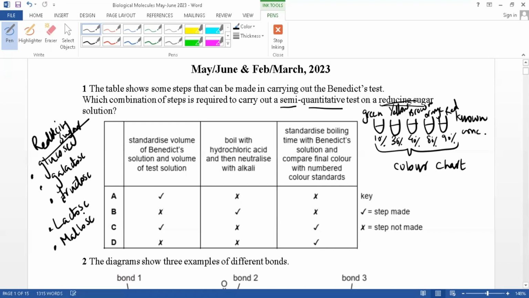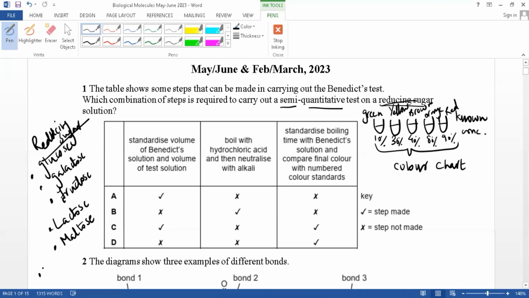So if we are doing Benedict and we get a positive result, we never know which reducing sugar it is, whether it's glucose, galactose, fructose, lactose, or maltose. So we cannot say glucose is present. We should say reducing sugar is present. Which one? For this we need further tests, because there are further identification tests for all these reducing sugars.